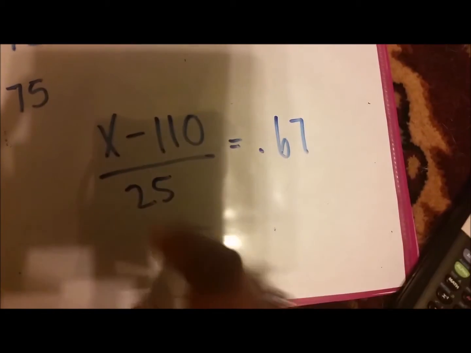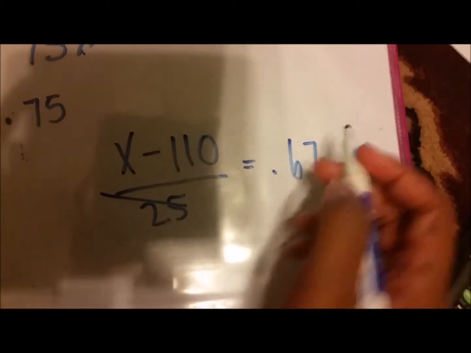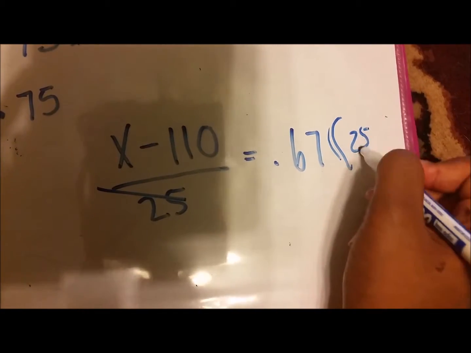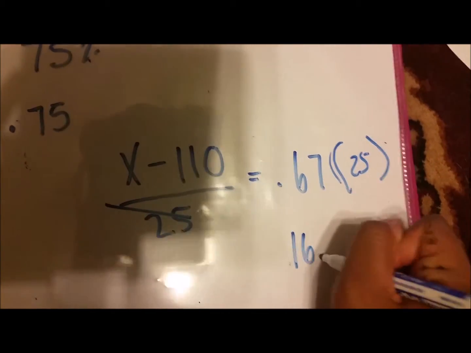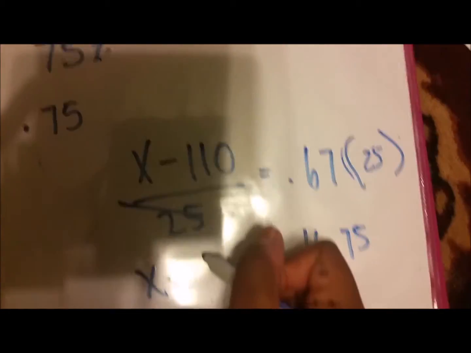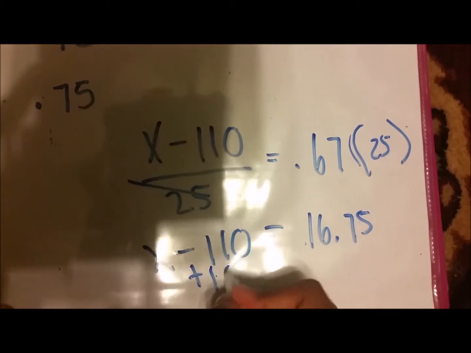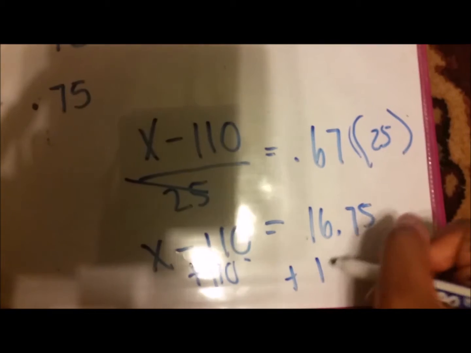Because for this, you have to multiply both sides by 25. So this will cross out, and then times 25 will equal 16.75 equals x minus 110. And then you'll add 110 to this side.